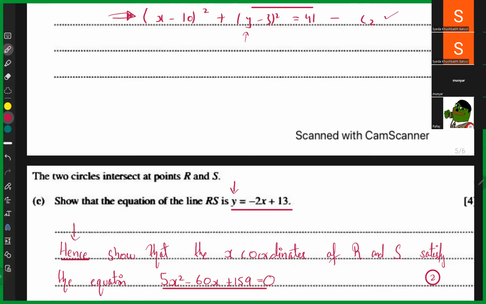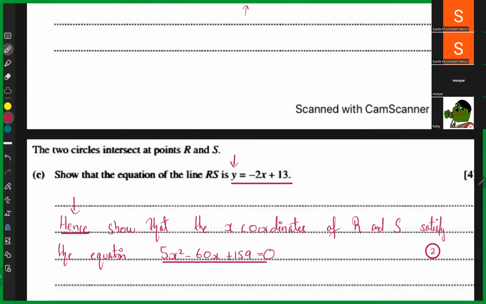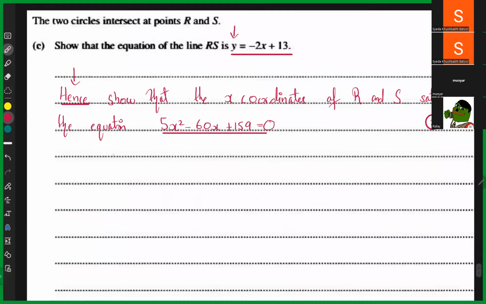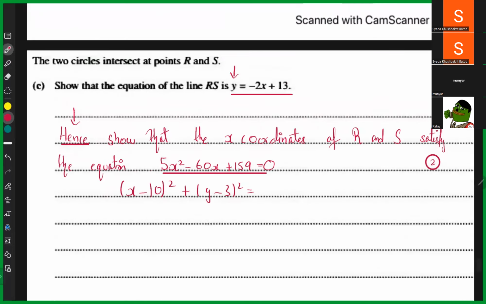So what I can do is consider the equation of C2: x minus 10 whole squared plus y minus 3 whole squared, and this is equal to 41.